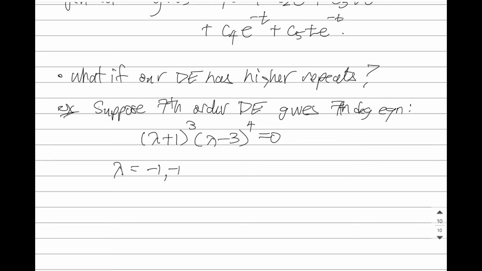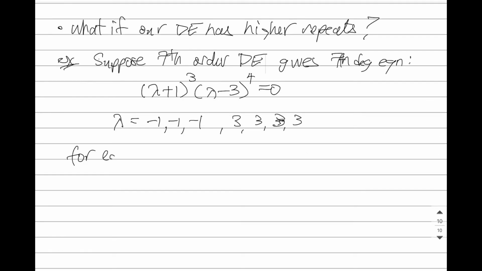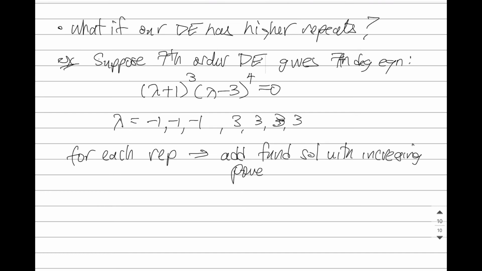Negative 1, negative 1, negative 1, 3, 3, 3, 3. For each repetition, we add a fundamental solution with an increasing power of t. We increase the degree by 1 for each repeat.